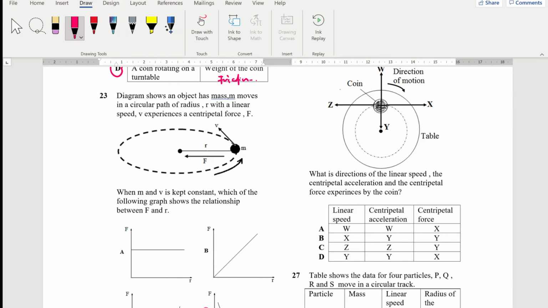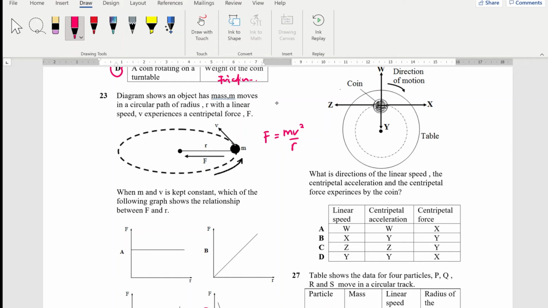23. The diagram shows an object has mass m, move in a circular path of radius r, with a linear speed v experiences a centripetal force. When m and v is kept constant, which of the following graph shows the relationship between F and r? Okay, formula untuk centripetal force, mv squared over r.